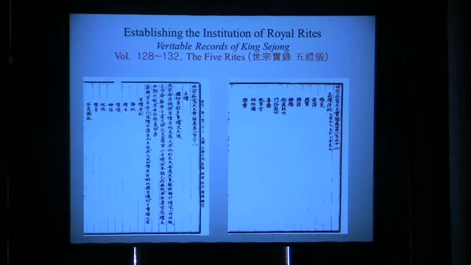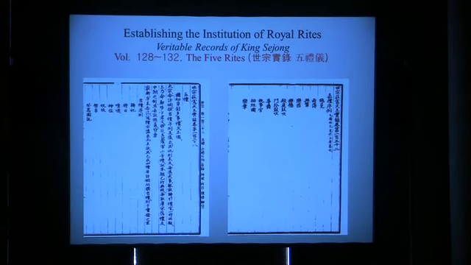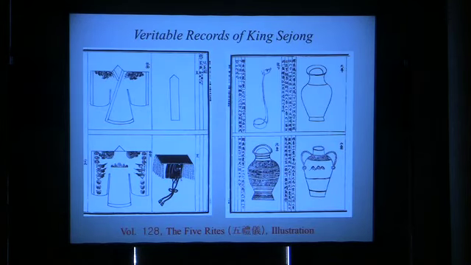Here. And it spells out all these things. And then it even has illustrations like this one. So King Sejong laid out the contents of the five rites of the nation before it was really published.